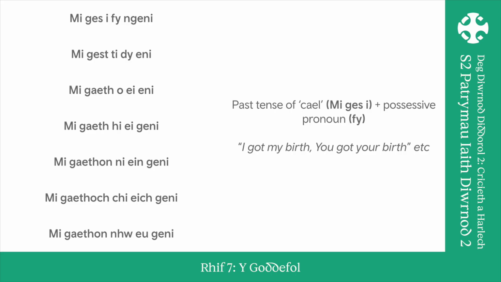Her: ei plus aspirate mutation, plus h before a vowel. Our: ein, ni, plus h before a vowel. Your: eich, chi. Their: eu, nhw, plus h before a vowel.